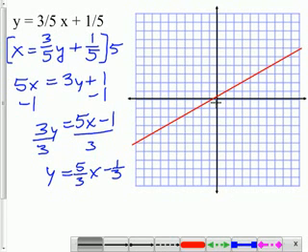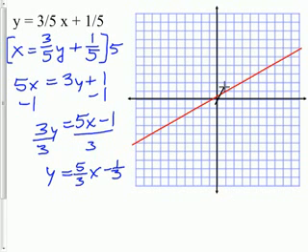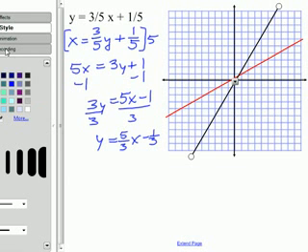It's going to be a slight negative y-intercept of 1/3, and then I'm going up 5, 1, 2, 3, 4, 5, and over 3. Okay, and I'm going to extend this line and make it blue too. There we go.